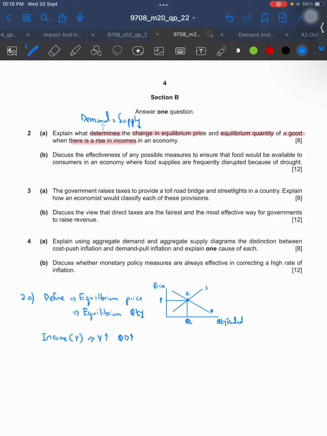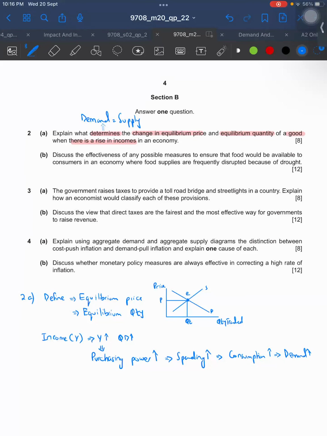When there is a rise in income, this will result in a higher purchasing power of the people. Okay, a higher purchasing power will result in higher spending. Higher spending will result in higher consumption. And when there is a rise in consumption, this will result in a rise in demand.